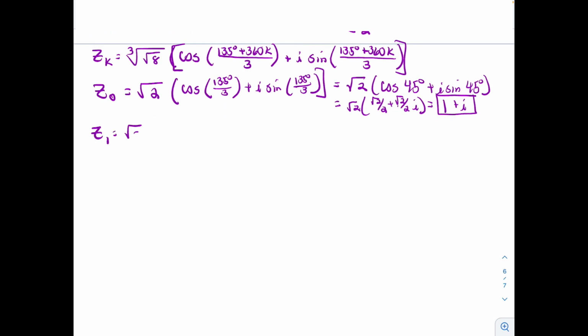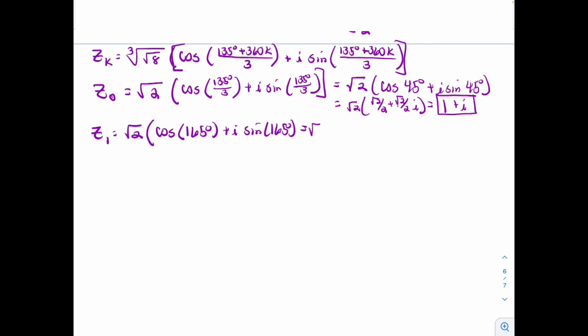z sub 1 is the square root of 2 times the cosine, but this time 135 degrees plus 360 divided by 3. And when I do that, I end up with 165 degrees plus i sine of 165 degrees. Now, this is the first time we had one that is not on our unit circle.